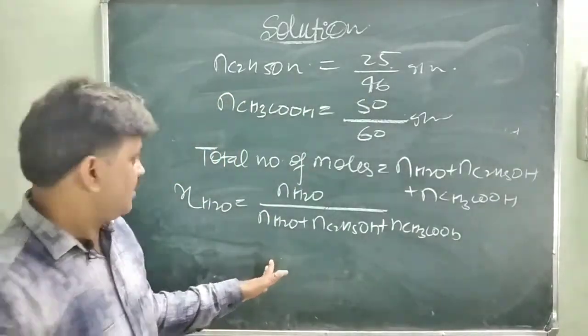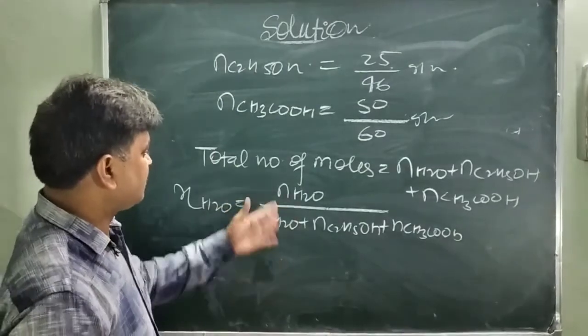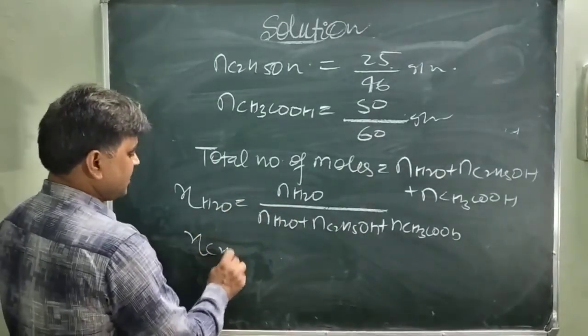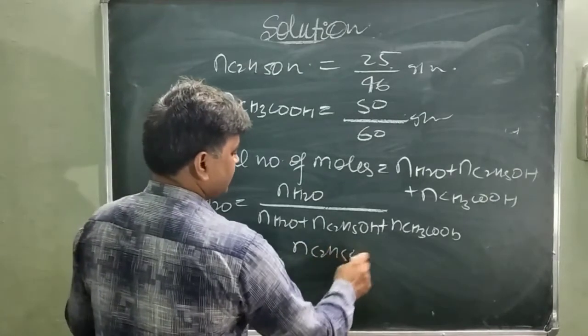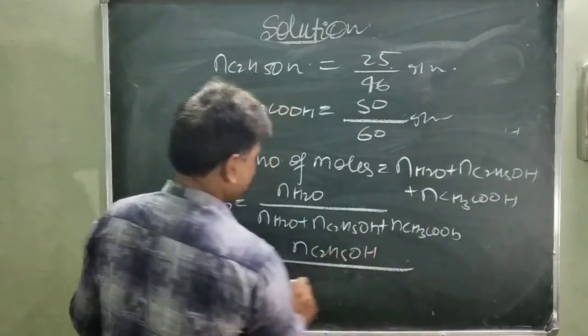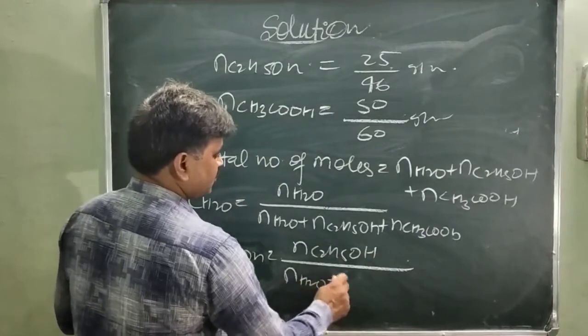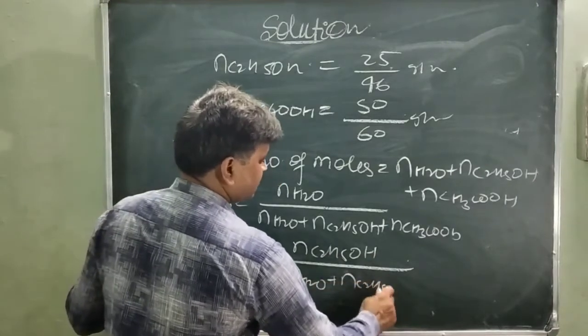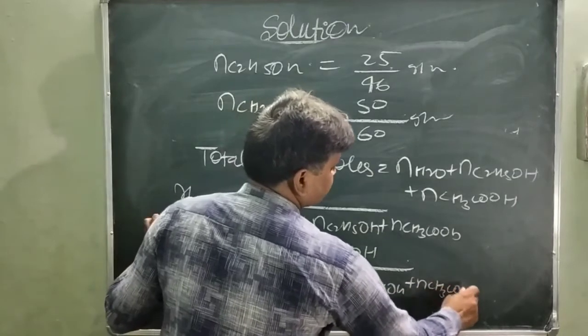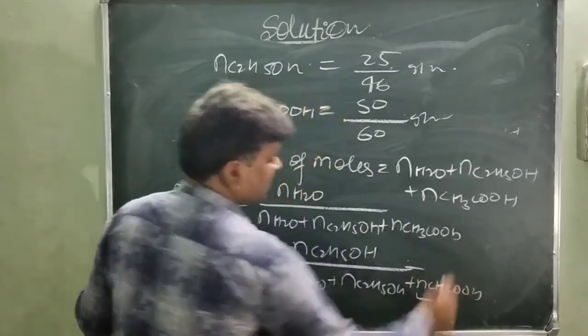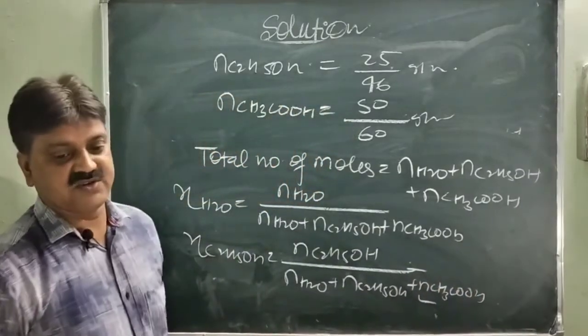Like X C2H5OH is equal to n C2H5OH upon the total number of moles, n H2O plus n C2H5OH plus n CH3COOH. Similarly, you can calculate the mole fraction of acetic acid.